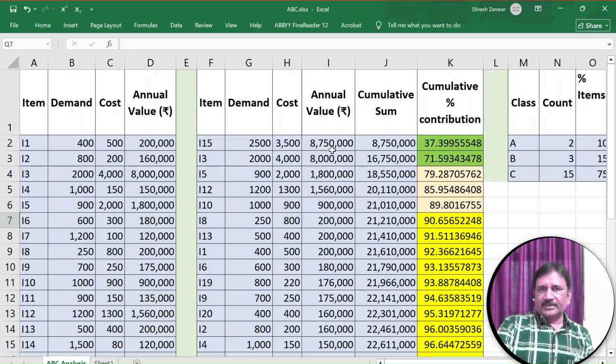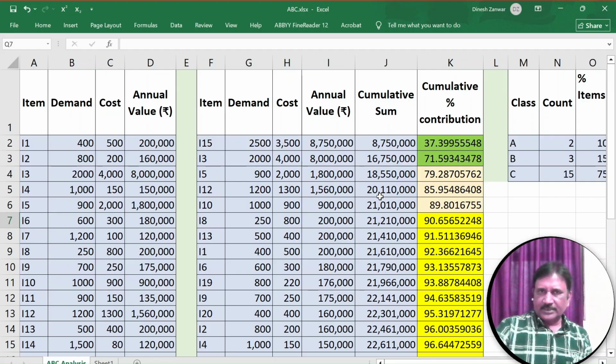The first value is 8 crore 75 lakh. Then to this we are adding 8 crore, so 8 crore 75 lakh plus 8 crore makes it 16 crore 75 lakh, right?